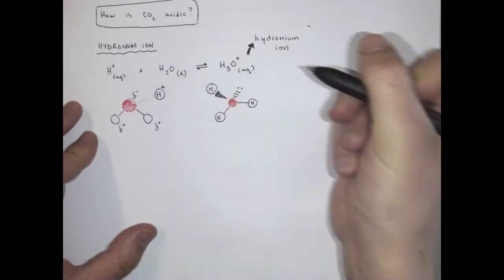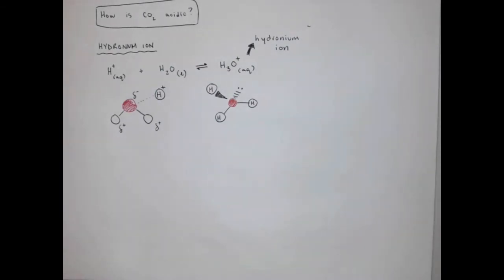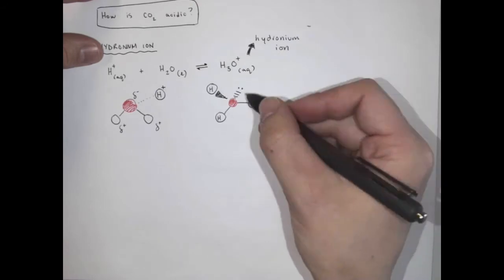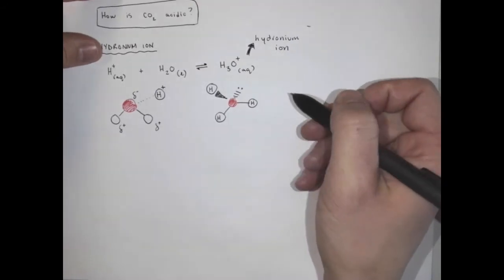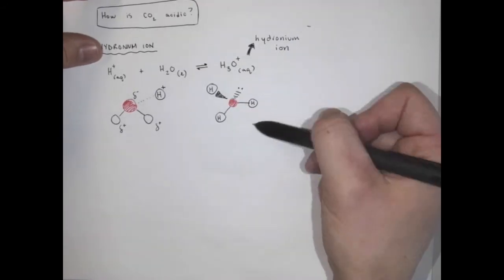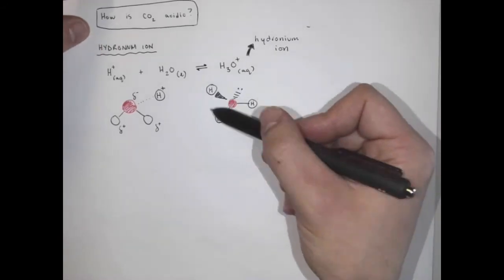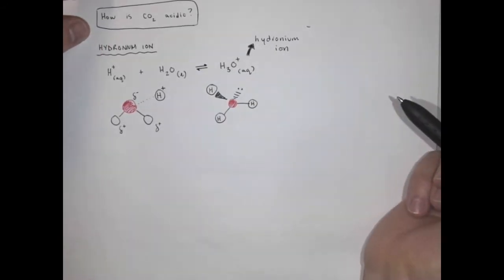And it's got one lone pair like that. So this would give it a tetrahedral electron pair arrangement and a trigonal pyramidal geometry. So it's one oxygen with 3 hydrogens around it.